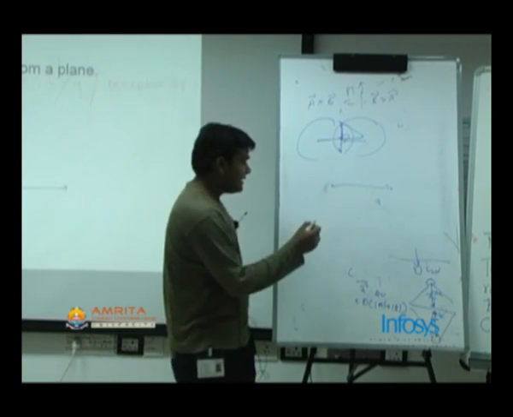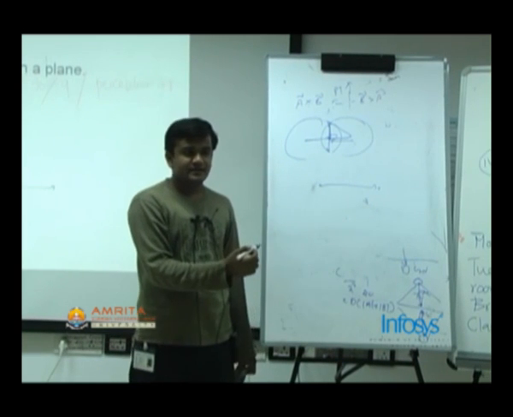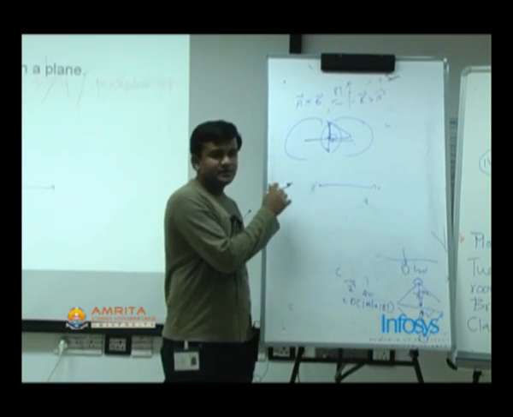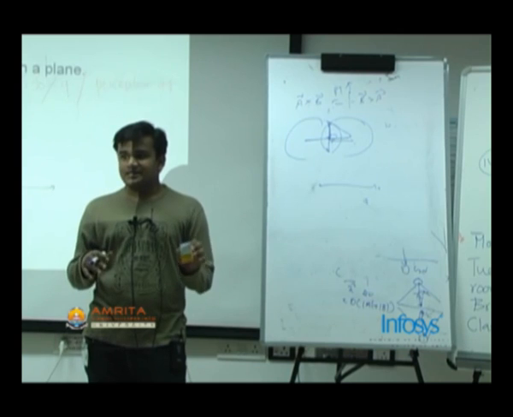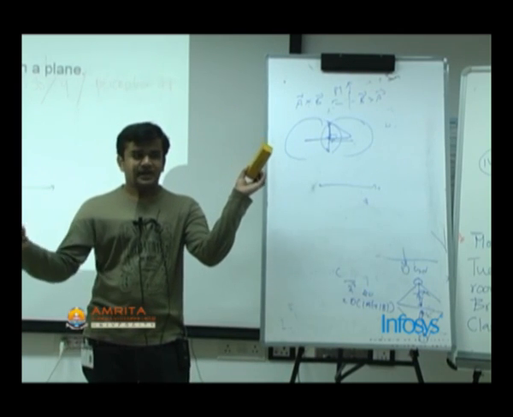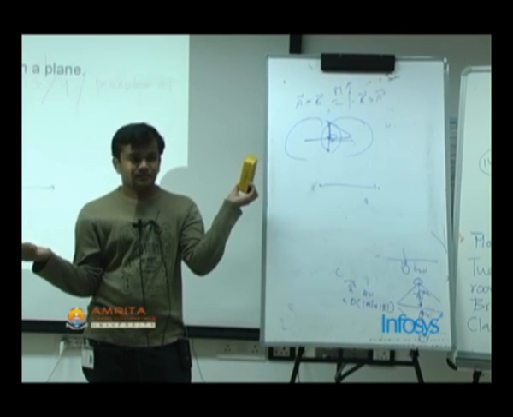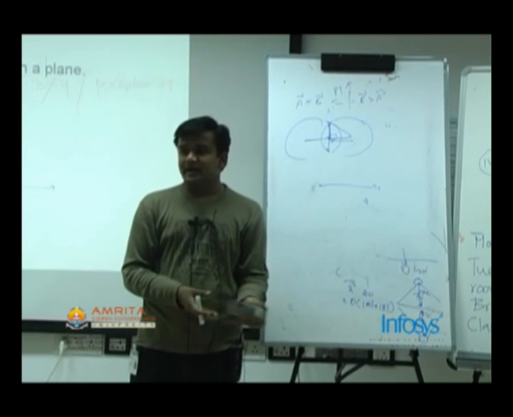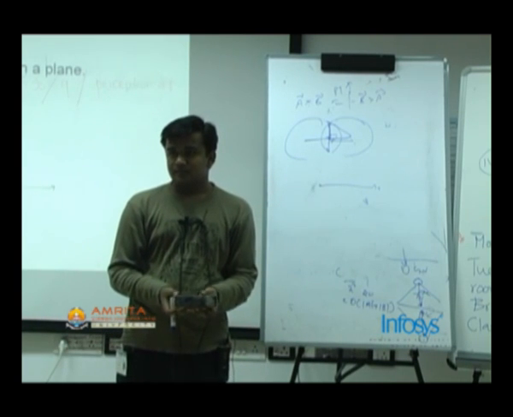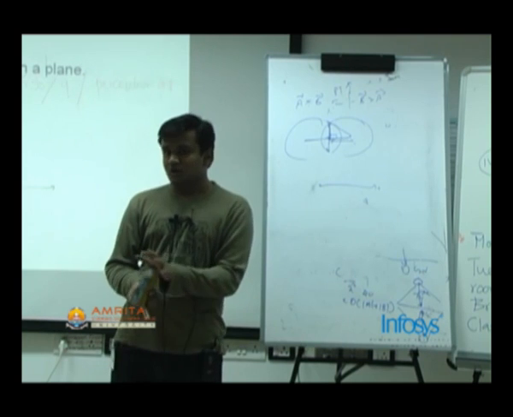I'll quickly tell you how to find out line intersection. So if there are 2 lines which are not coplanar, as in one line is in some plane and the other line is in some other plane, then they won't intersect. How to check if 2 lines are coplanar or not, I'll just tell you.